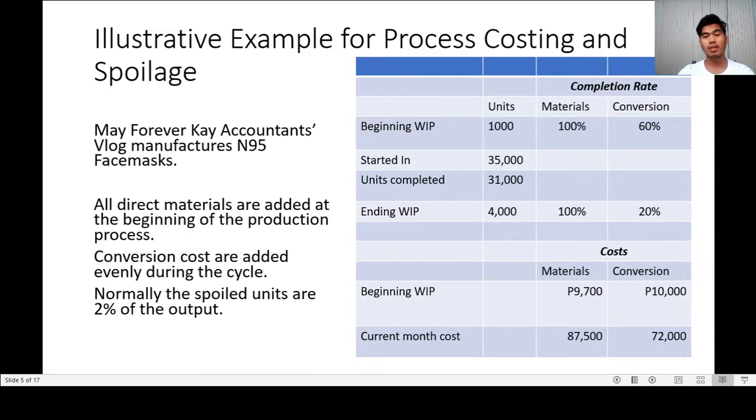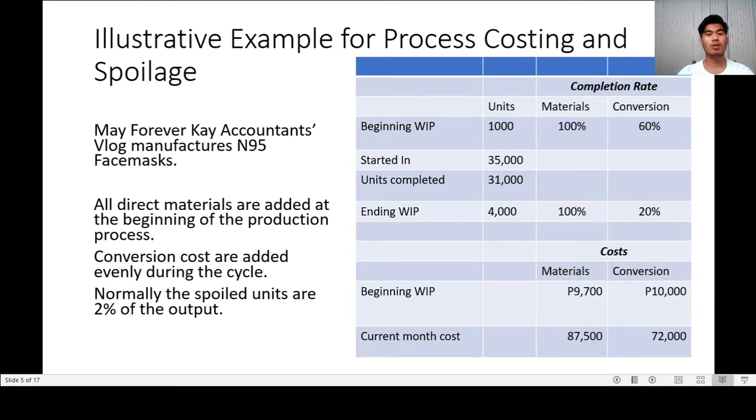As to cost naman, yung data natin for beginning work in process for materials is 9,700 and then the conversion is 10,000 pesos. For the current month cost for materials, 87,500 and for the conversion cost, 72,000 pesos. So, paano natin siya i-compute?